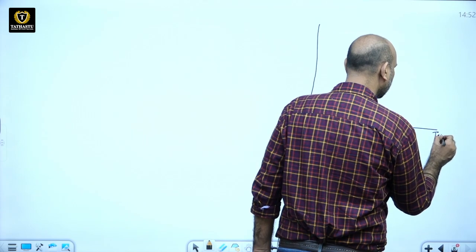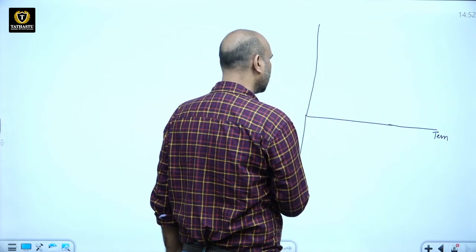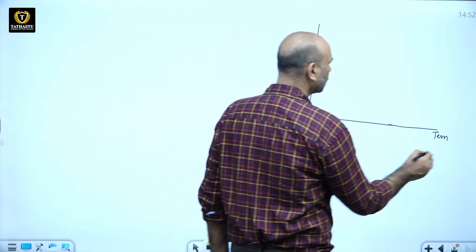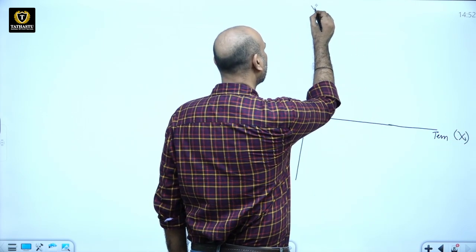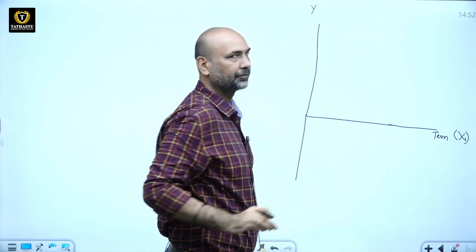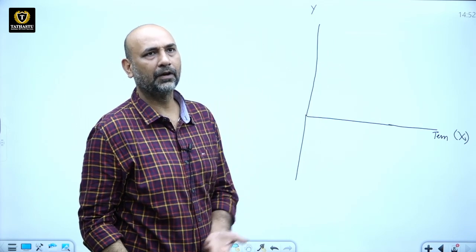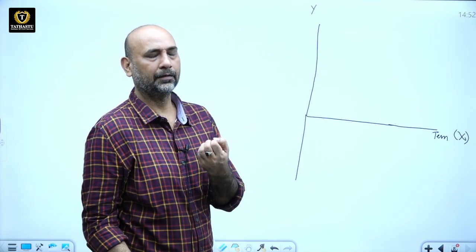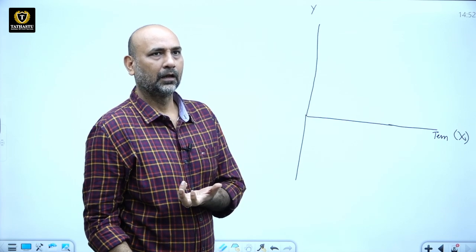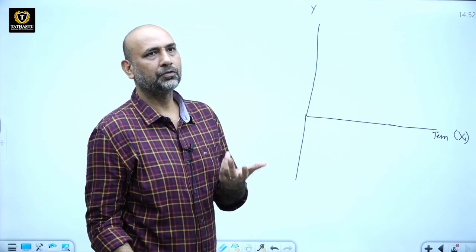Here we have nothing to do with depth. So on the x-axis we have temperature, on the y-axis we have altitude, because depth is not required here; we are measuring the interlinkages between altitude and temperature.